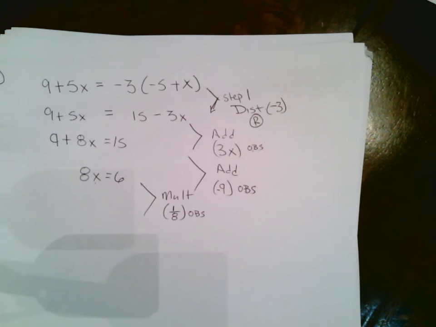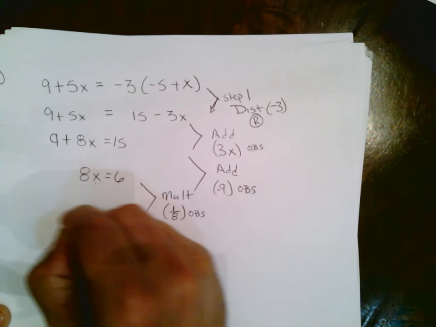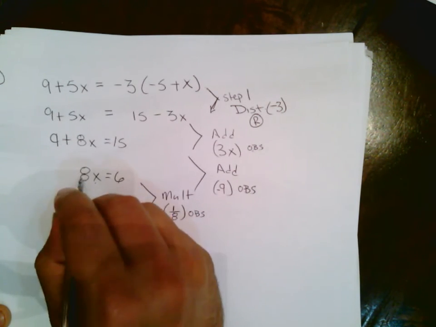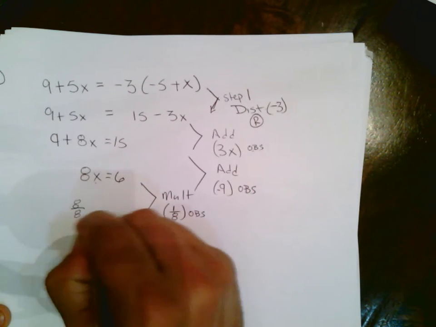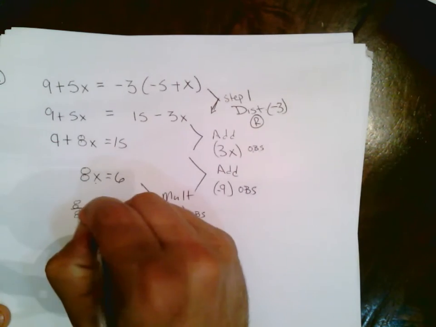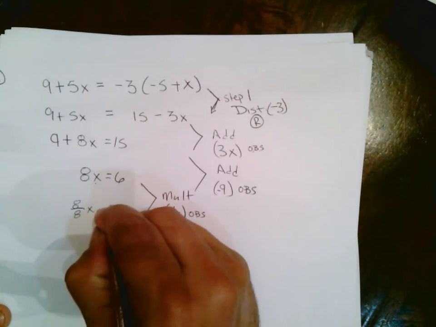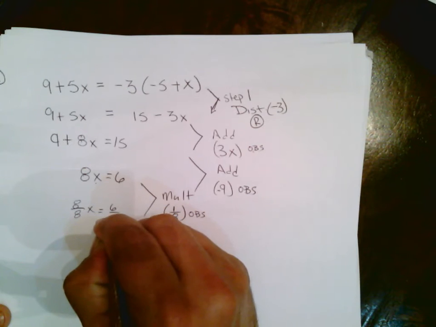By doing that, I am left with 8 times 1/8, which is 8/8 times x, being equal to 6 times 1/8, which would be 6/8.